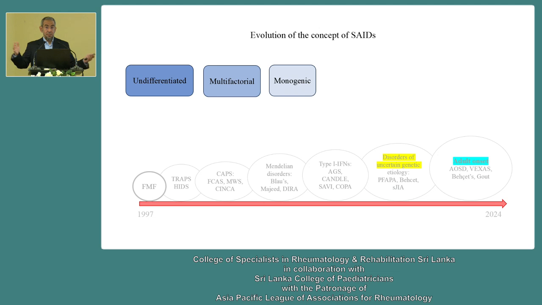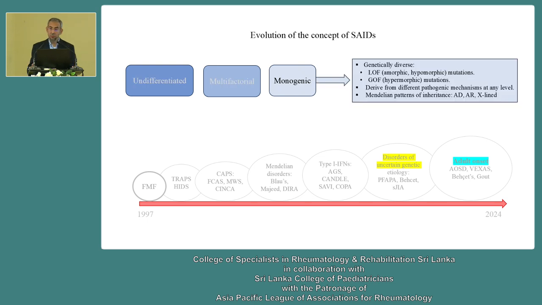So with that expansion, people tried to reorganize themselves and they classify it as undifferentiated or multifactorial, because there is no single gene responsible for the disease. And of course, the most common or typical one is monogenic, related to a single gene defect.